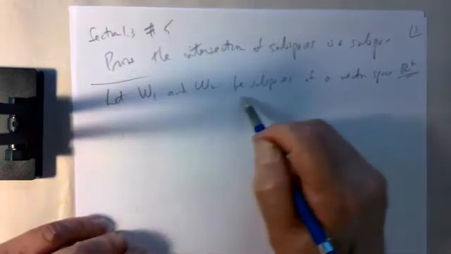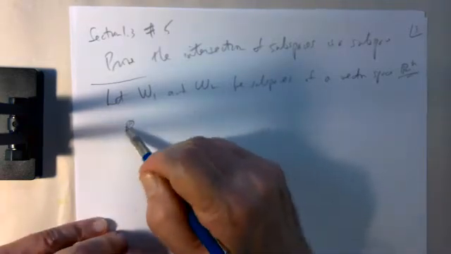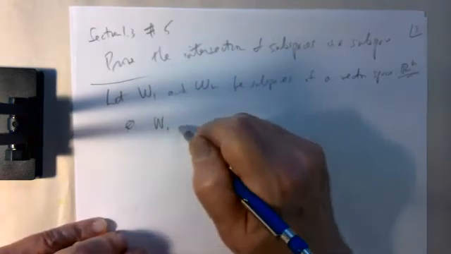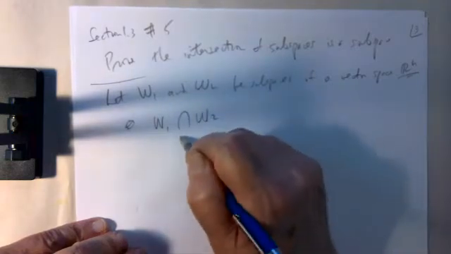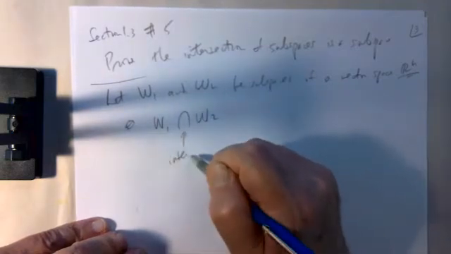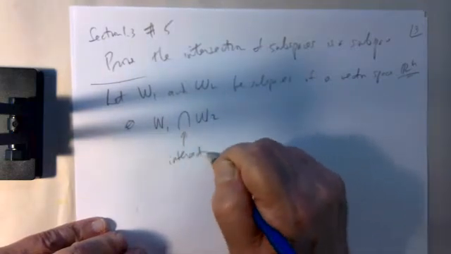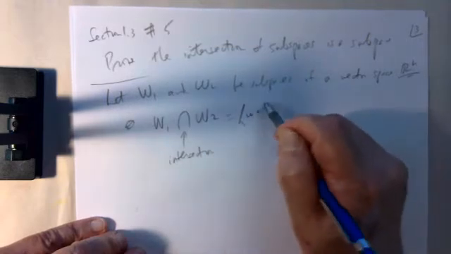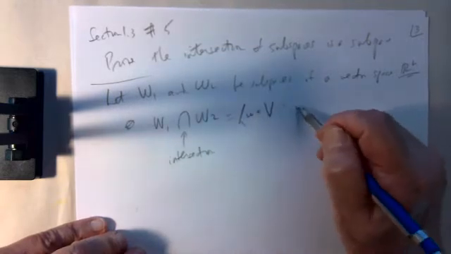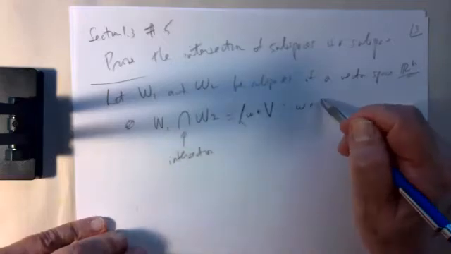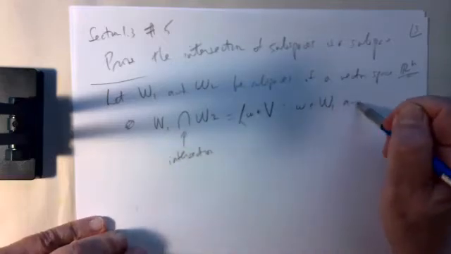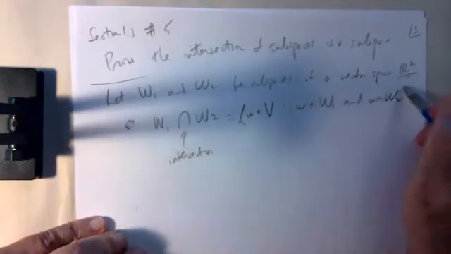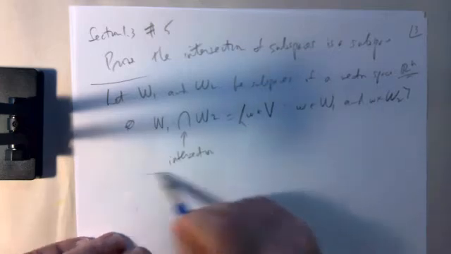So we know that because these are subspaces, so what is the intersection? W1 intersect W2. So this is the symbol for intersection. This is the set of all the vectors in the vector space which belong to both of these subspaces. W is in W1 and W is in W2.